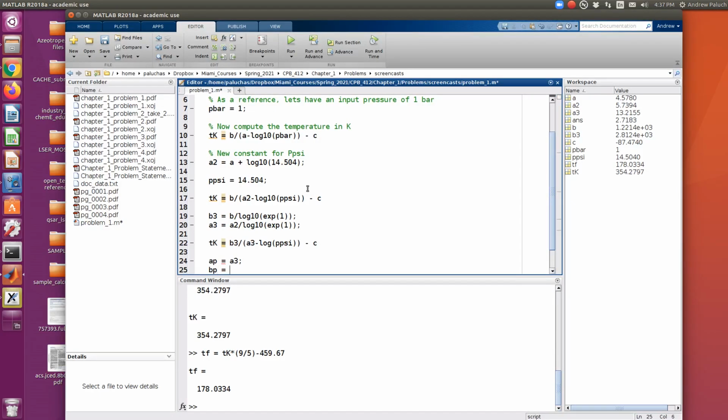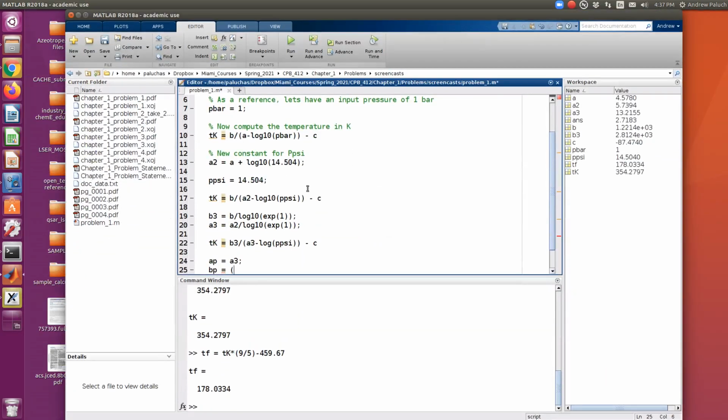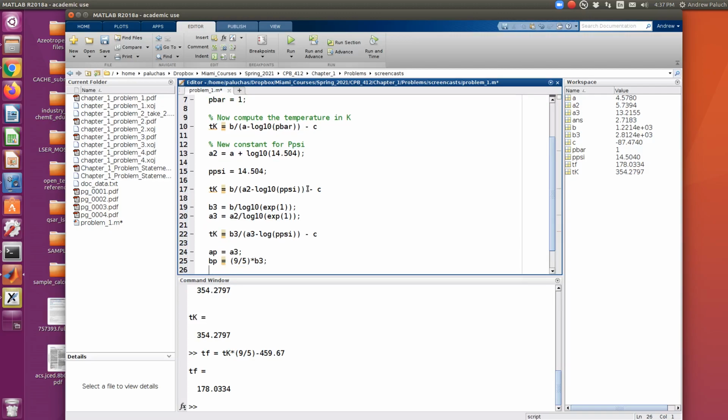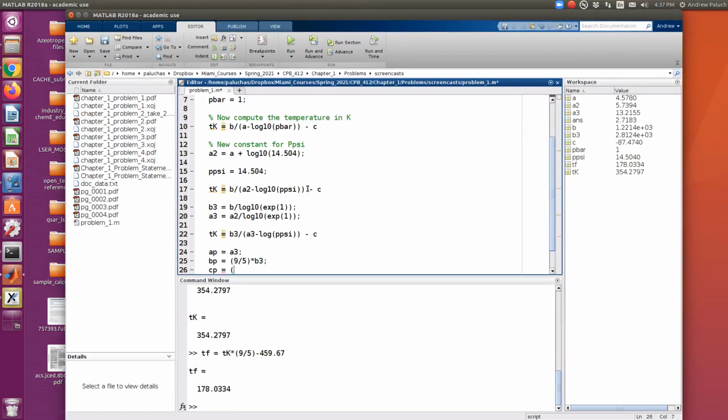B prime is 9/5 times B3. And C prime is equal to 9/5 times C plus 459.67.